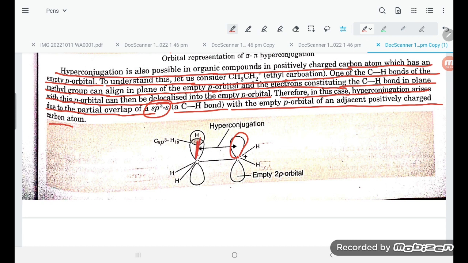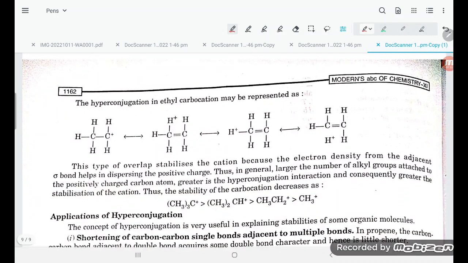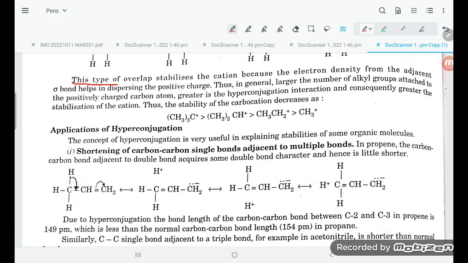So this C-H bond electron is shifting here. As a result, they involve no bond resonance, students. Wherever the positive charge is, here is the no bond, though they are not showing it. This type of overlap stabilizes the cation because the electron density from the adjacent sigma bond helps in dispersing the positive charge.